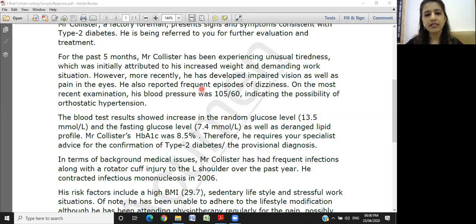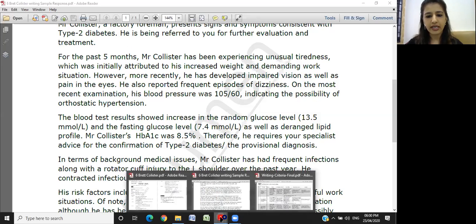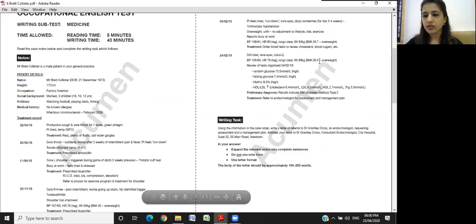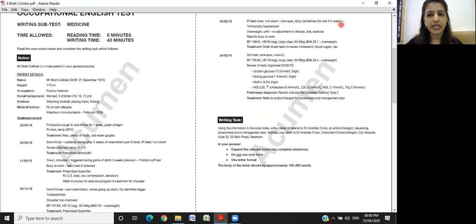The only reason is, when we talk about frequent episodes of dizziness, if you look at the case notes here, the timelines in the case notes also are not very clearly mentioned. So here it says dizzy sometimes for the last 3 to 4 weeks. So he visited me on 4/2, but the dizziness did not start from 4/2.